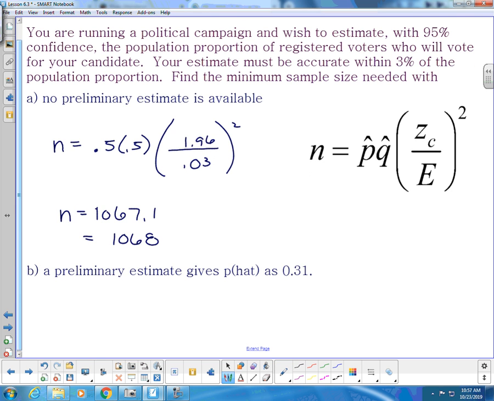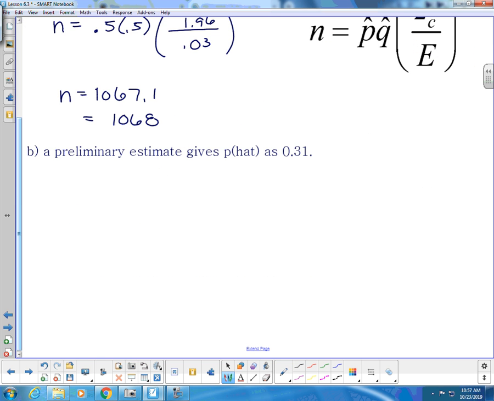Okay, now we're going to do it when p hat is 0.31. So it's the same idea, but we're going to have p hat times q hat. What would q hat be? 0.69, and this is to the second power. So you actually have a p hat q hat.